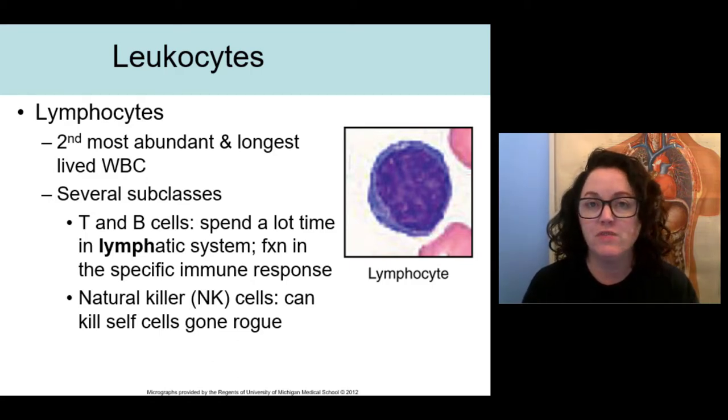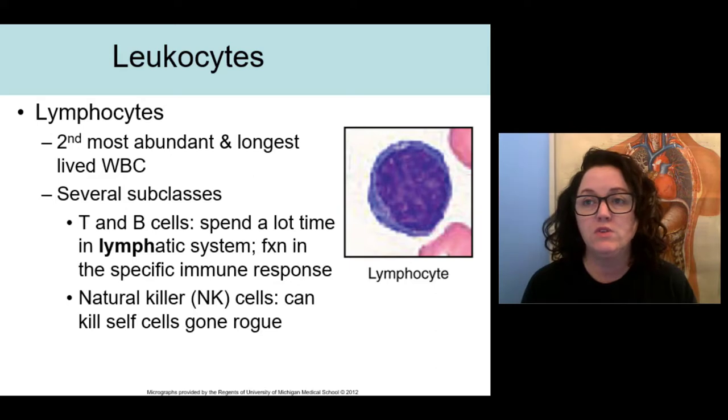Detecting when your cells have gone rogue is really hard to do because your immune system is trained to recognize self as self and leave it alone. Because if you killed your self cells indiscriminately, you'd end up with an autoimmune disorder or even be dead.